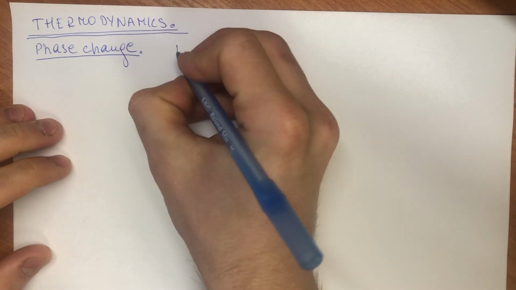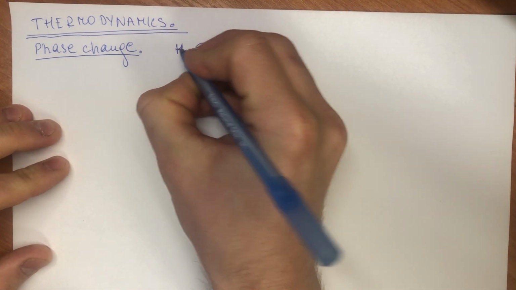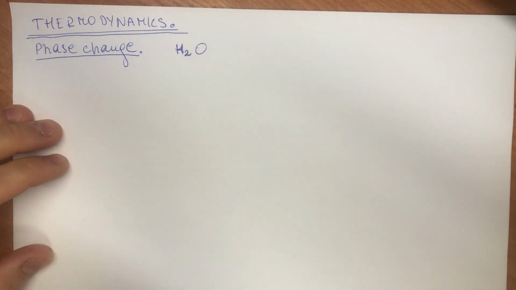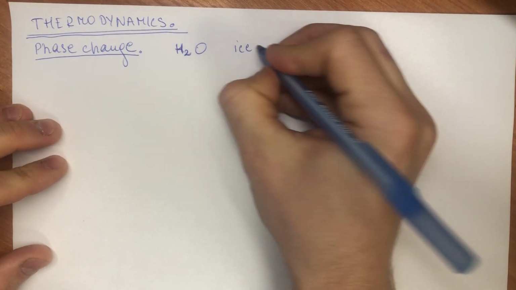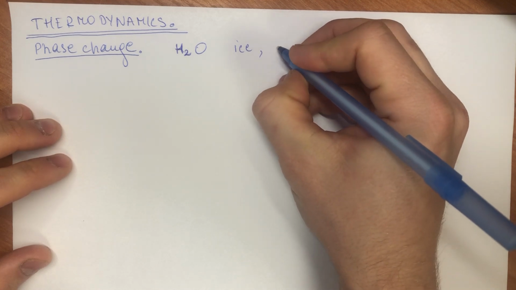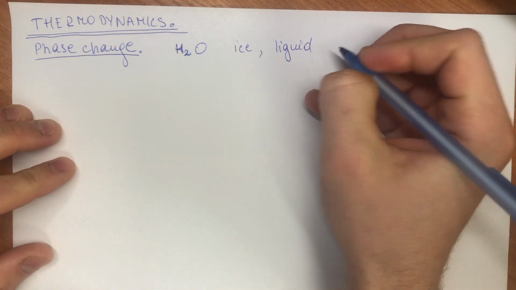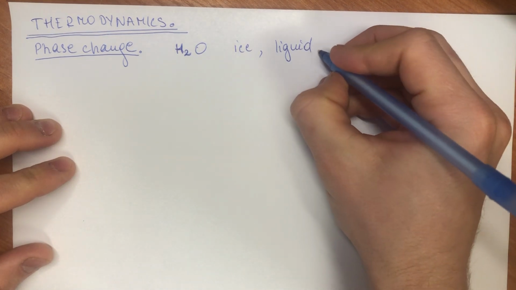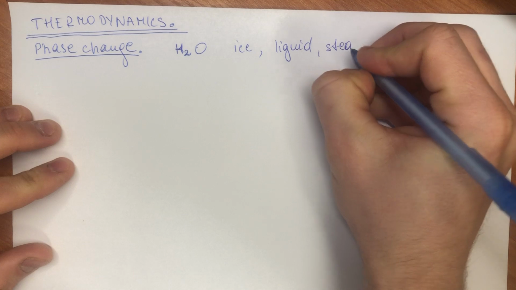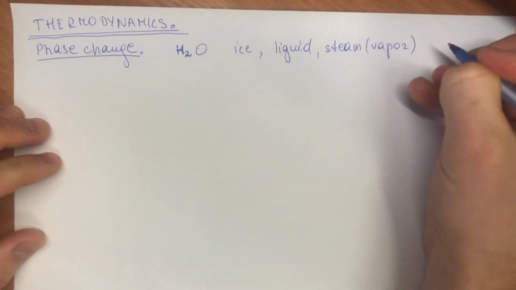You know that water, H2O, exists in 3 forms. It can be ice, it can be liquid, and it can be steam or water vapor.